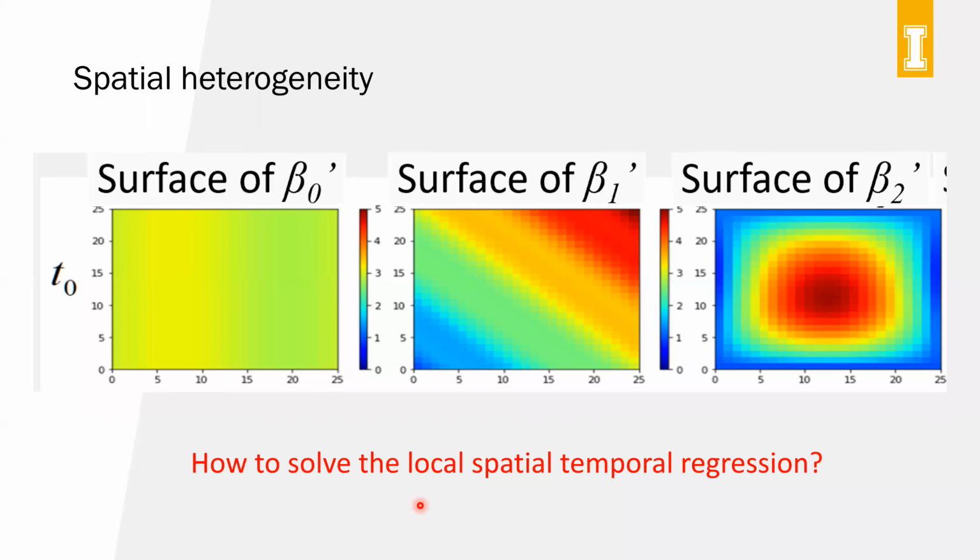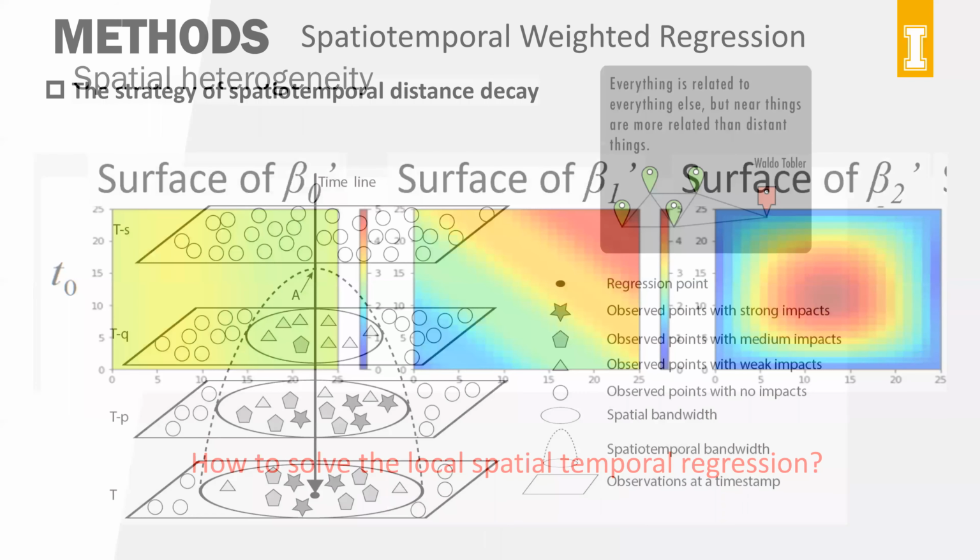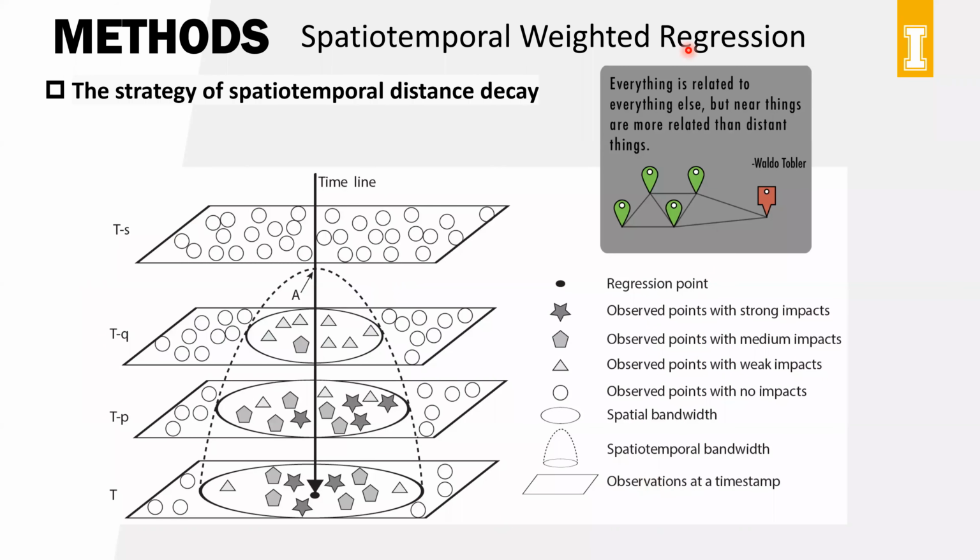So how do we solve this problem? We developed an algorithm called spatial-temporal weighted regression. It uses the strategy of spatial-temporal distance decay, because according to Tobler's rule, everything is related to everything else, but near things are more related than distant things.